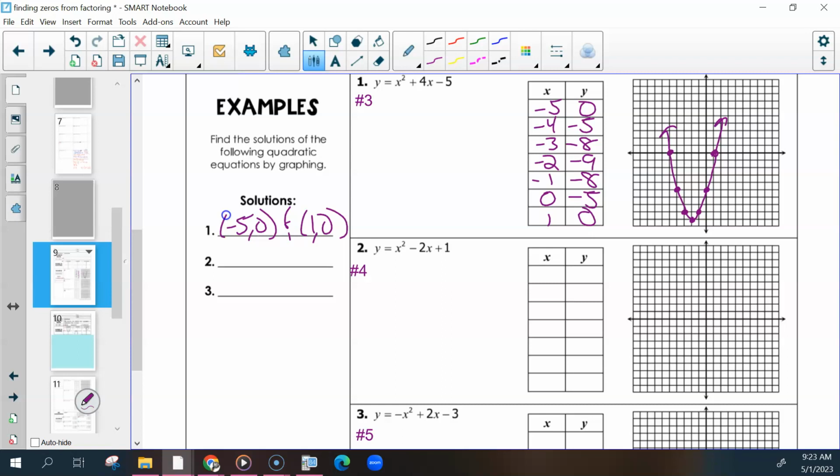We could also see them on the graph. So you may see zeros or intercepts written out as ordered pairs or how we were just writing them. Very good. So either or. If it says specifically write your solutions as ordered pairs, make sure you're doing that. If it says just write the solutions, it could be both, either or.